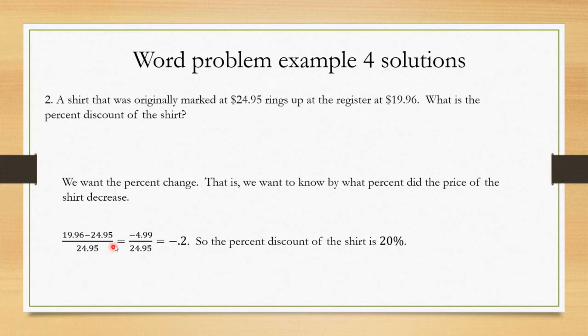That's the numerator here. It's the ending value minus the starting value, which is absolute change. But then you have to divide by the starting value, which is the $24.95, right? It begins at $24.95. By the end, it's $19.96.